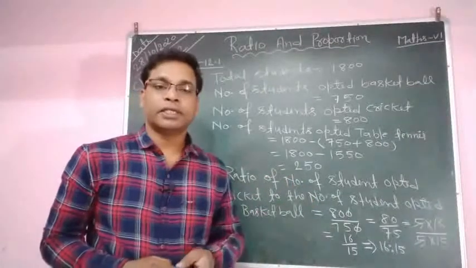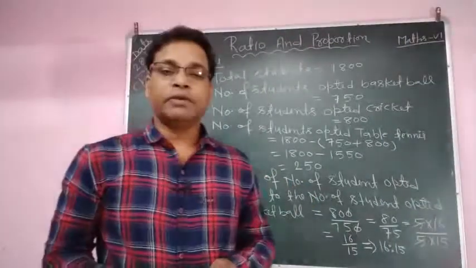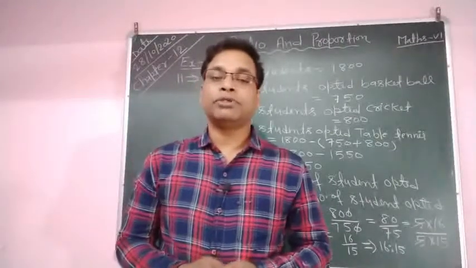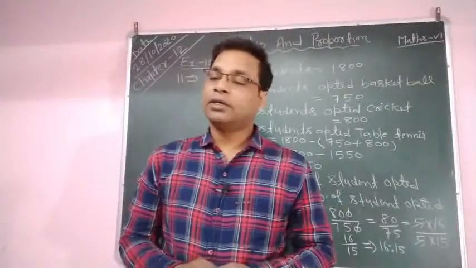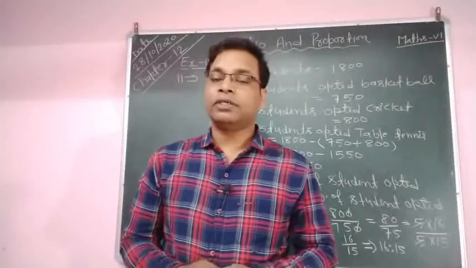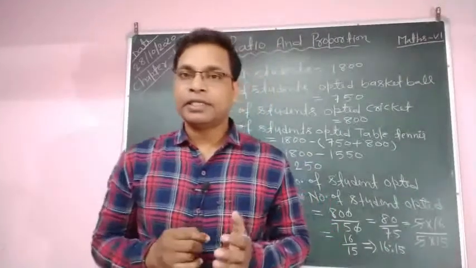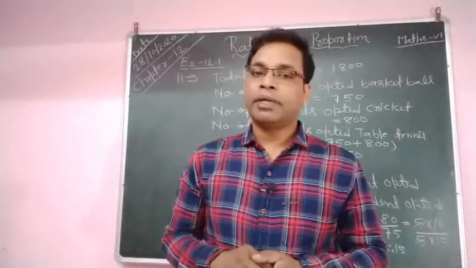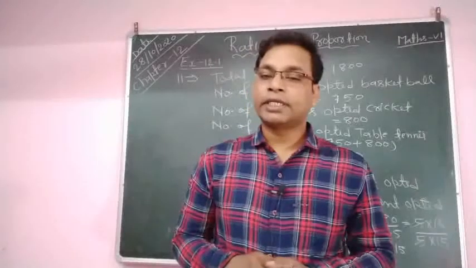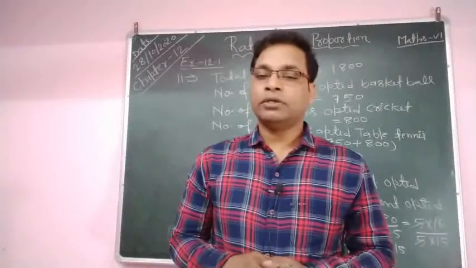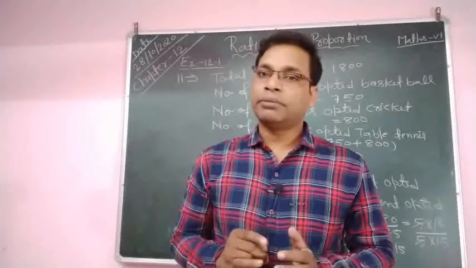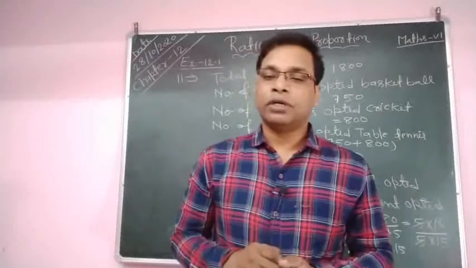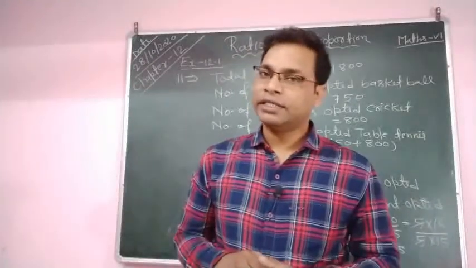Now we are going to discuss the C part of question number 11. In this question we need to find the ratio of the number of students who opted for cricket to the total number of students.